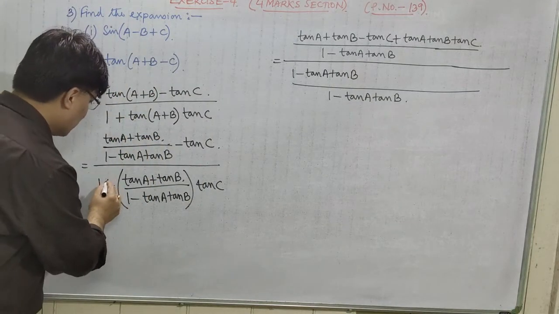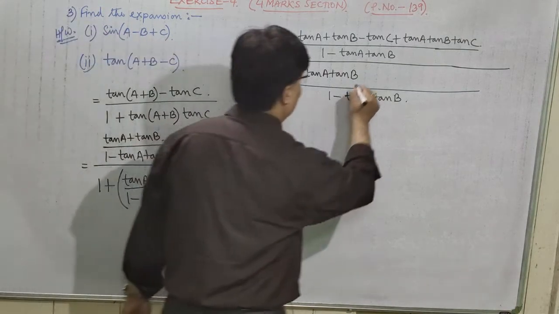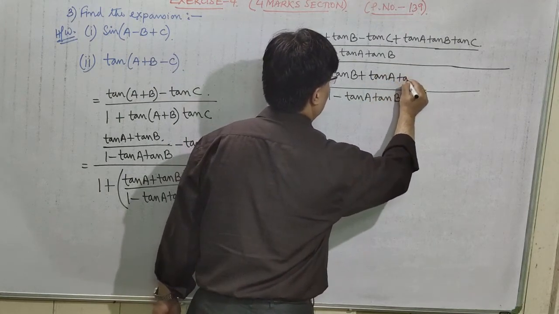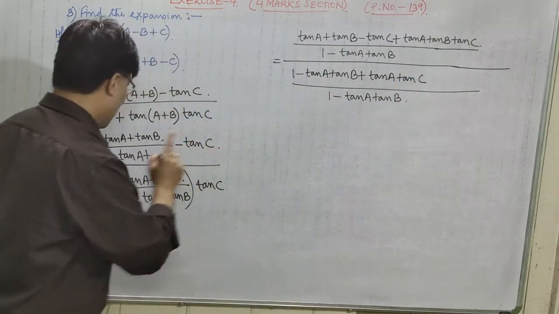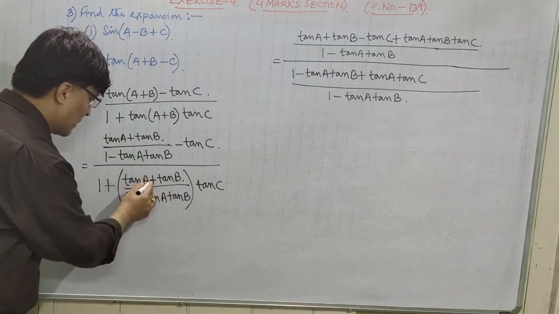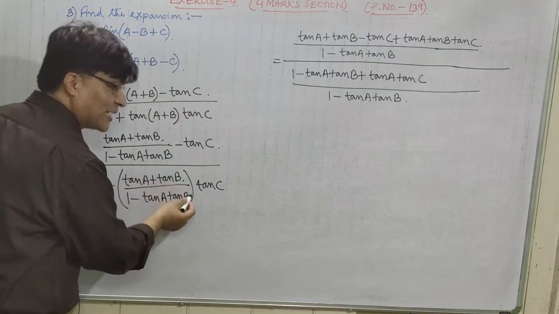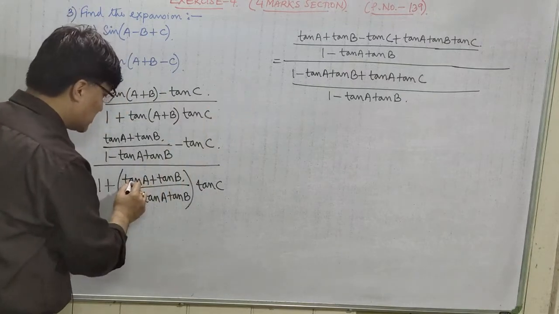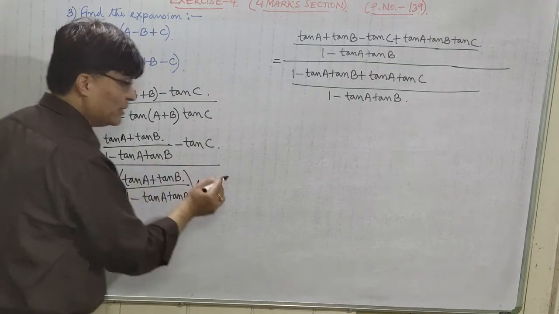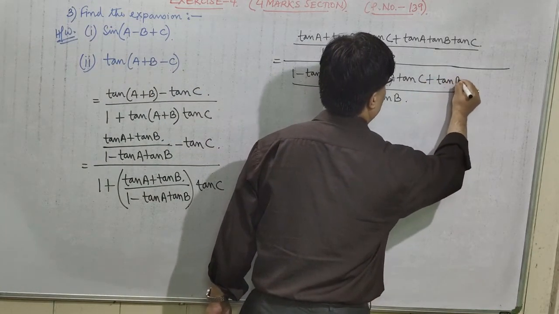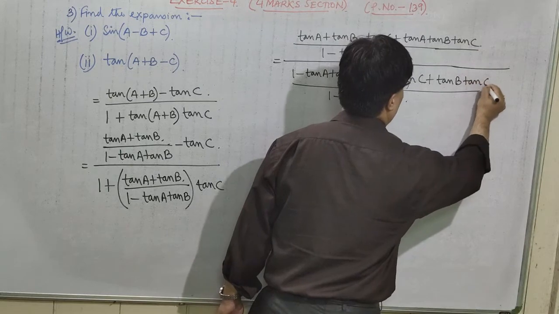Next, this plus tan a into tan c is plus tan a tan c. Now again, this plus into plus is plus tan b tan c. This tan c is multiplied by both tan a plus tan b. That is, first it is plus tan a tan c plus tan b tan c.